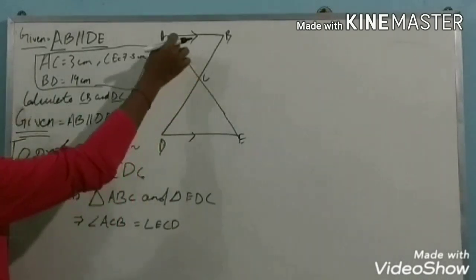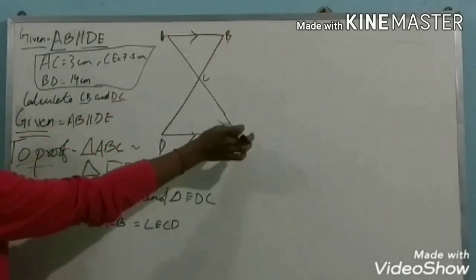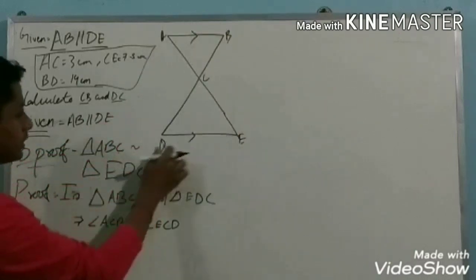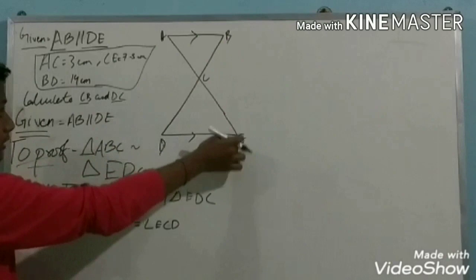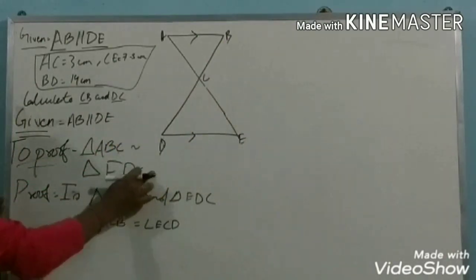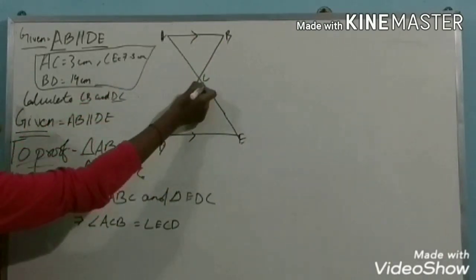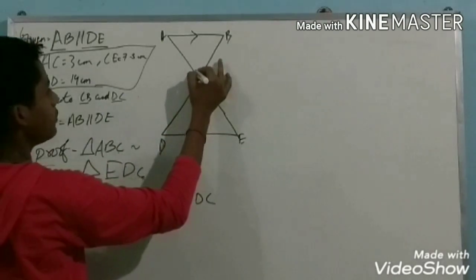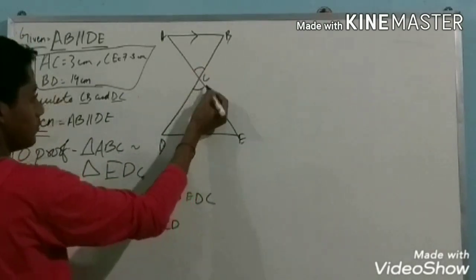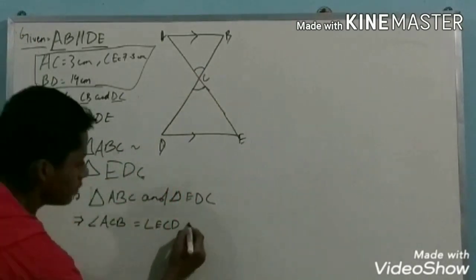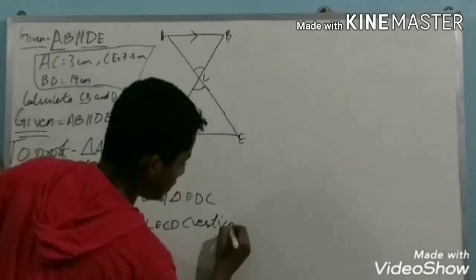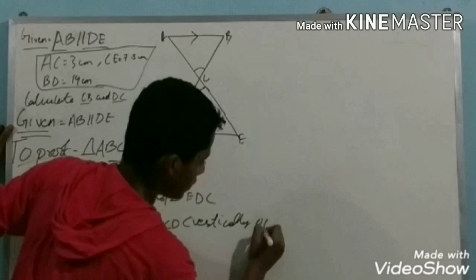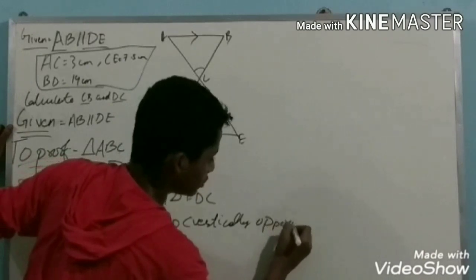ACB and ECD, yes or no? ABC and EDC, because they are vertically opposite. You have to write the reason also, because anybody may ask you, so you have to write the reason: they are vertically opposite.